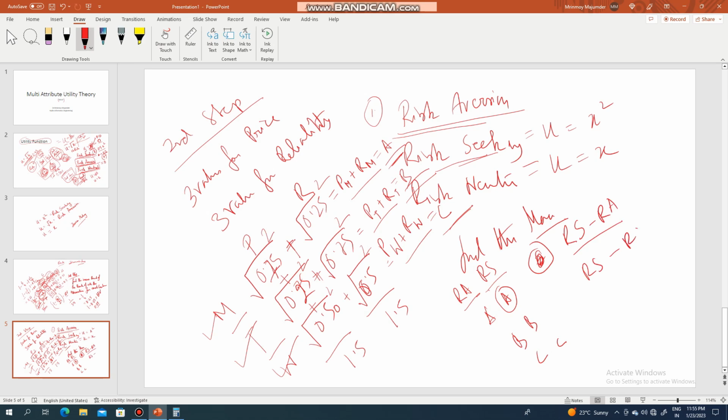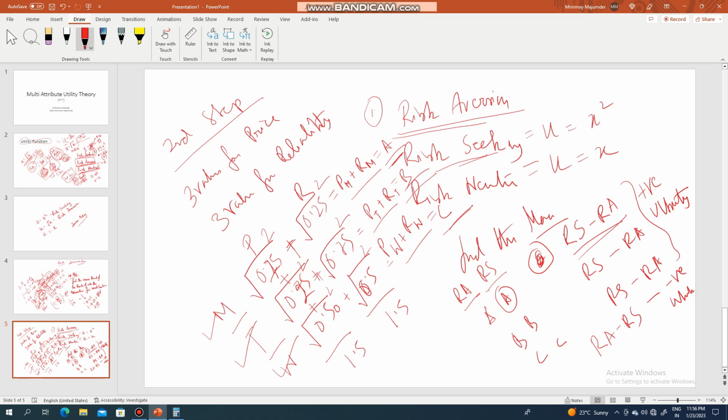Risk seeking minus risk aversion. If you do this, it is known as positive utility. And if you say no, I will not do that, I will do the opposite, that means you will deduct RS from RA, then this will become negative.